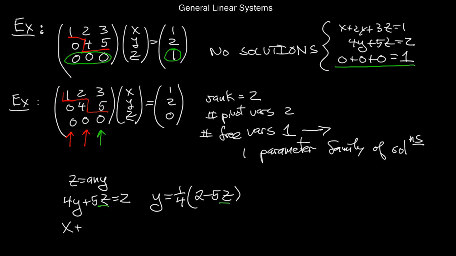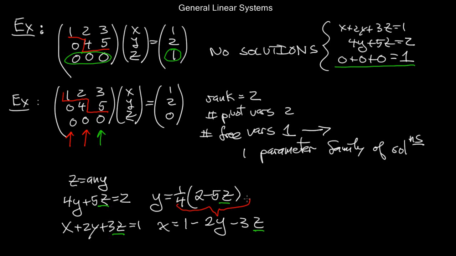And then finally you have x plus 2y plus 3z is equal to 1. And you bring the y and the z to the other side to write x is equal to 1 minus 2y minus 3z. And the z is fine, that's the free variable. y is not, but we've already solved for y in terms of z.